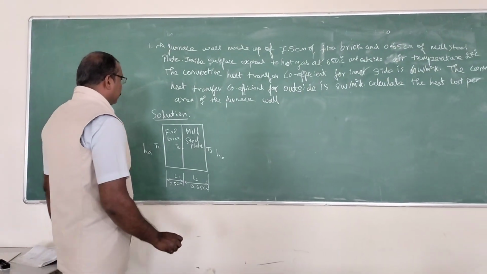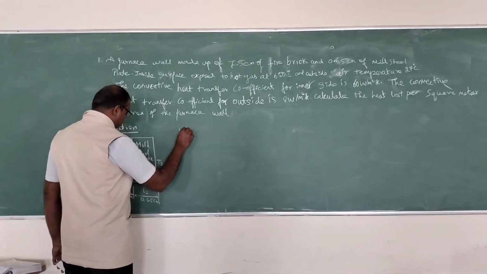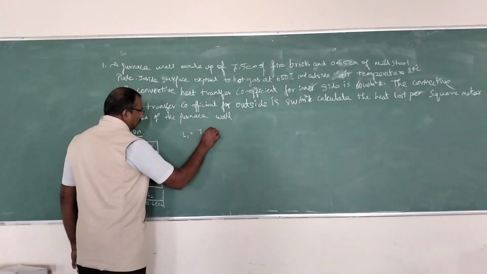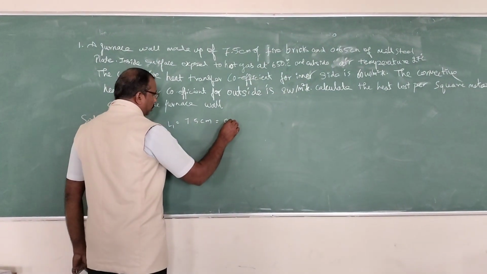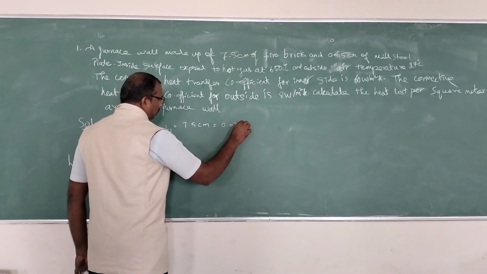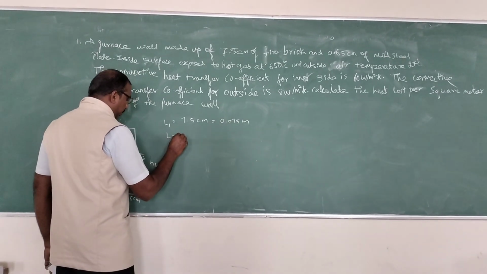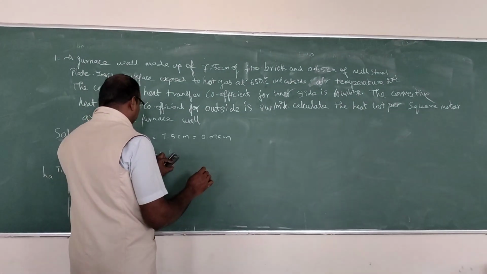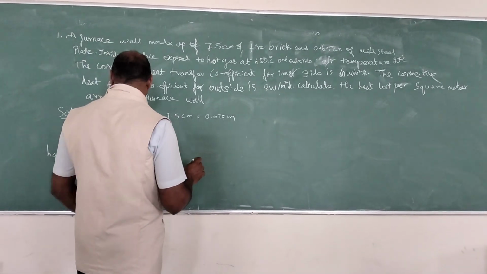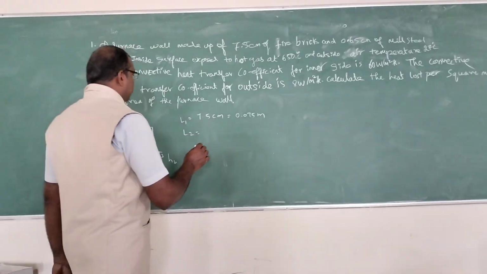Okay. So L1 equal to 7.5 centimeter. That is converted to meter, 0.075 meter. Then L2 equal to 0.65 centimeter.